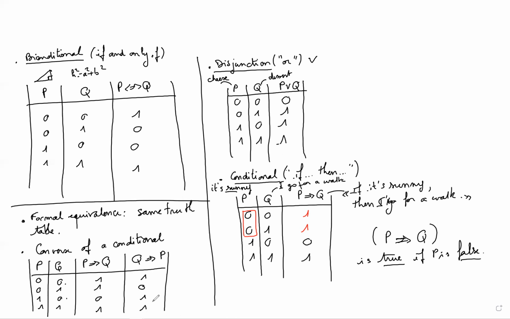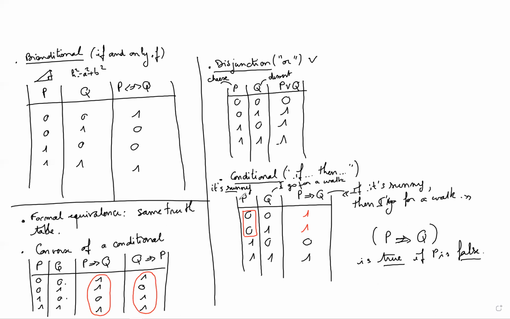What you can notice here is that these truth tables are not the same. So a conditional and its converse are not equivalent. It is not equivalent to say, if it's sunny, then I'll go for a walk, and to say, if I go for a walk, then it will be sunny, because you are not God.